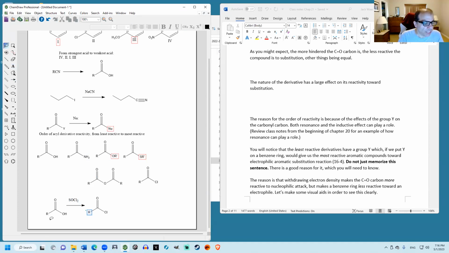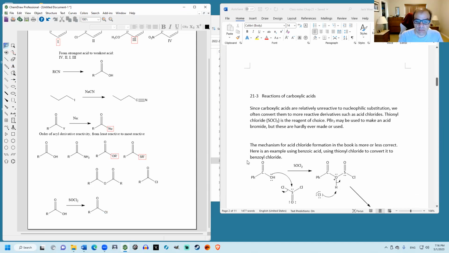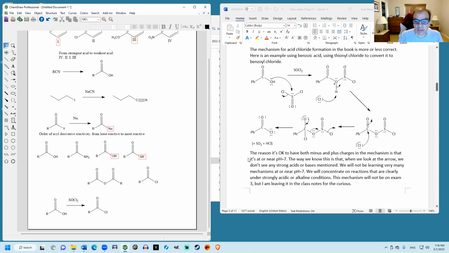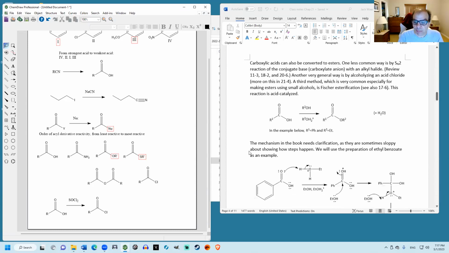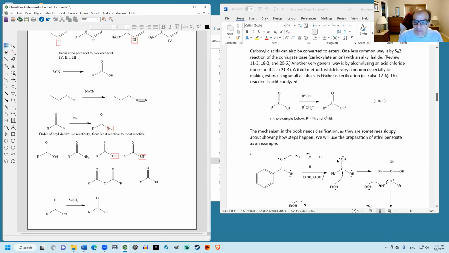That allows you to convert the least reactive carboxylic acid derivative to the most reactive one in one step. Oh, there it is. And we talked about Fischer esterification. Finally, we went over the mechanism after mentioning this in several previous chapters. So the mechanism's in your class notes. You might as well go over this one.